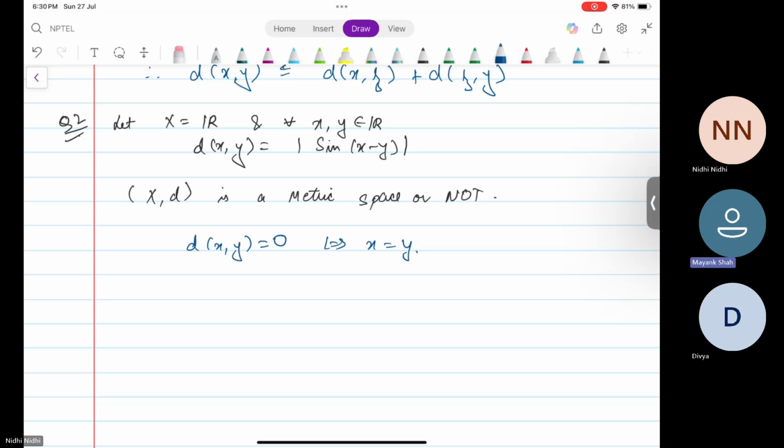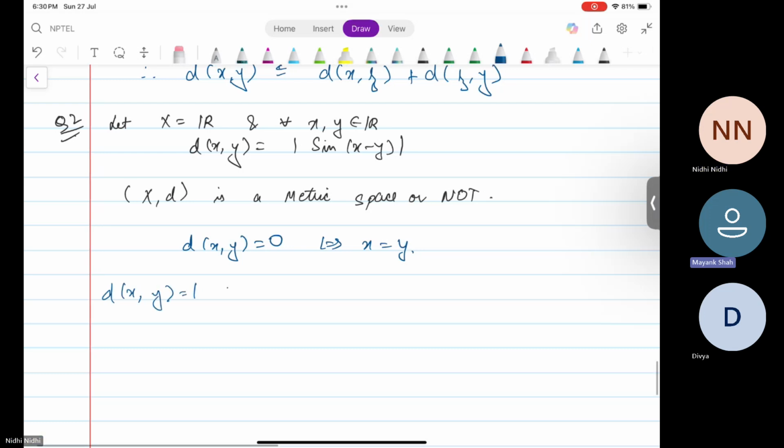Maybe we will be able to find such z such that d(x,y) will be 1 and that should be less than or equal to d(x,z) plus d(z,y), something like this. So maybe we will find some z, I guess.